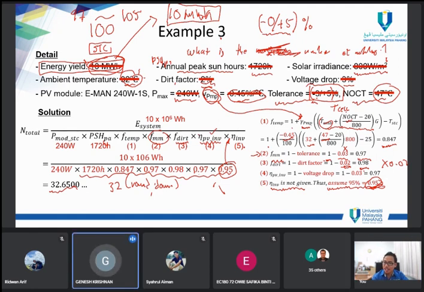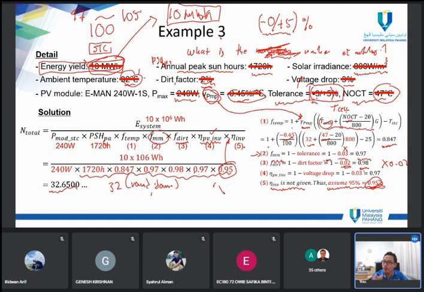Kalau N total dia menurun, then E system pun akan menurun. Yes, that's the answer. Not that exactly accurate, but 32.65 is that's why saya padam tadi. Saya padam tadi ada sebab kenapa aku padam maksimum tu.